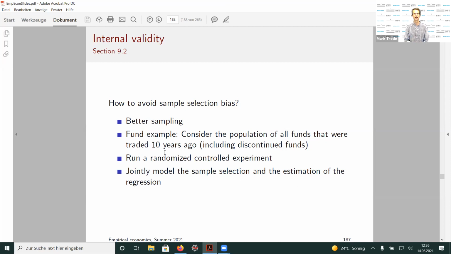So for instance, the active fund management is one such case. I don't think that a randomized controlled experiment is really doable here to answer the question whether active funds are better than non-active funds.